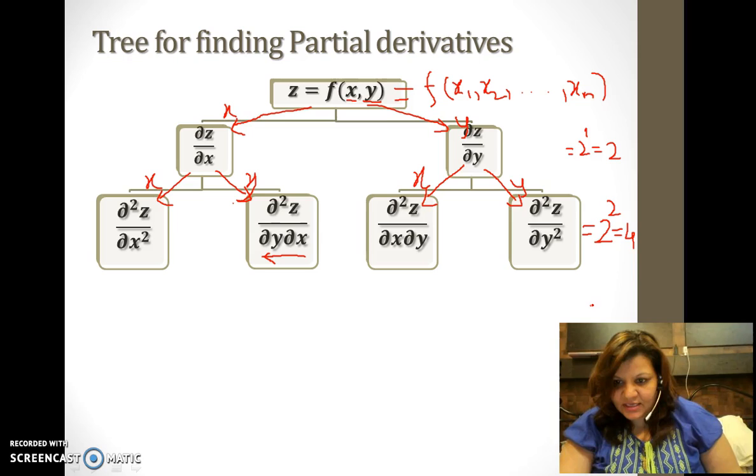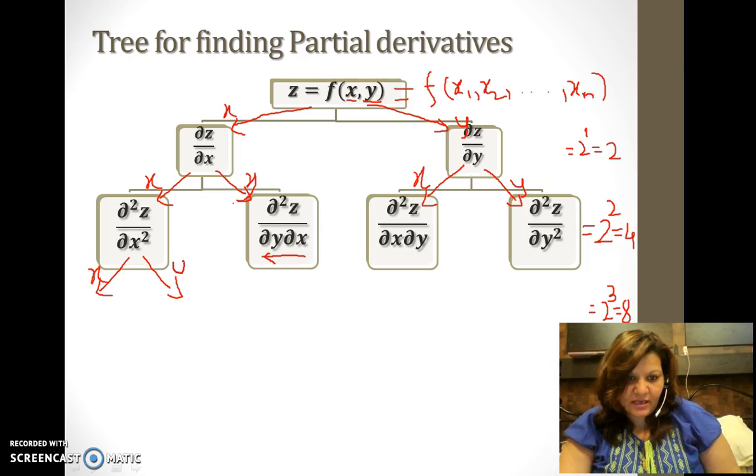So that means I can guess how many will be the third order partial derivatives, that is 2 raised to 3, 2 being the number of variables, 3 the order of differentiation, so that is going to be 8. And it is obvious because each of these 4 second order partial derivatives will have 2 more third order partial derivatives with respect to x and y.